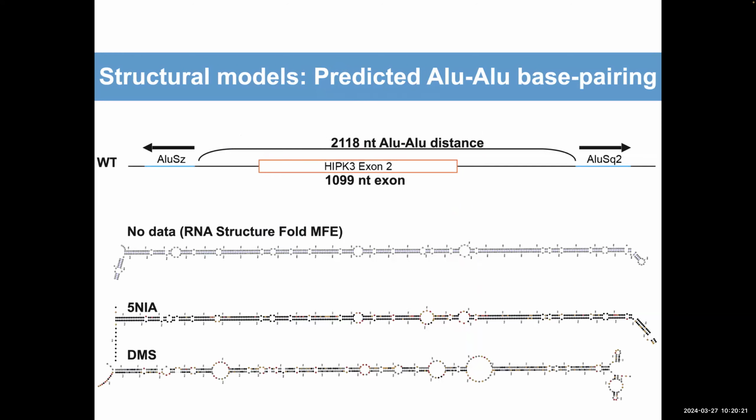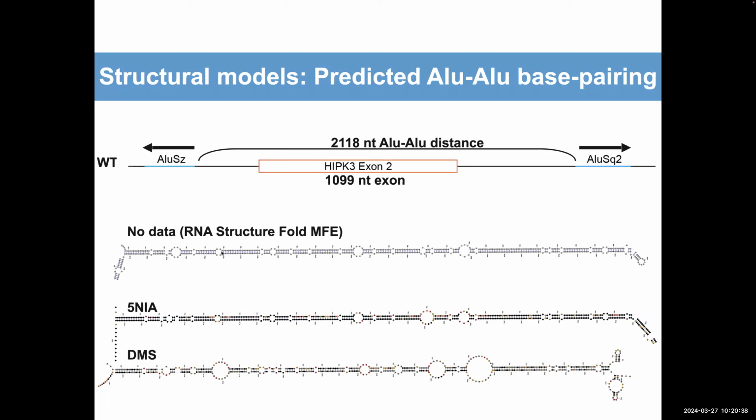And so I want to go back to some of the data in our HIPK3 example. And I want to say we didn't just do SHAPE-JuMP on this. We also did a bunch of different chemical probing reactions. And I want to show you what happens when you make a prediction of RNA secondary structure without data and with data.